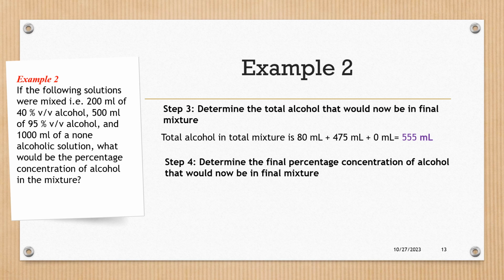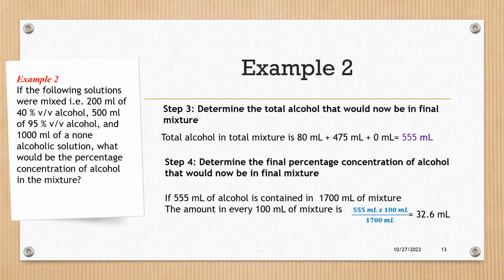The final volume of the mixture is 1700 mL, and the amount of pure drug, or API, that we have is 555 mL. Once we look at that proportion and convert it to percentage using ratio and proportion, you should get 32.6 mL of pure alcohol in each 100 mL of preparation. What does that signify? It means that the concentration of that mixture is 32.6% volume in volume.